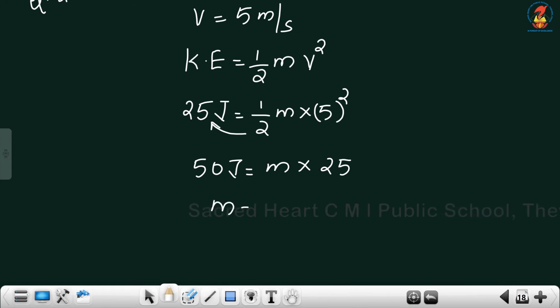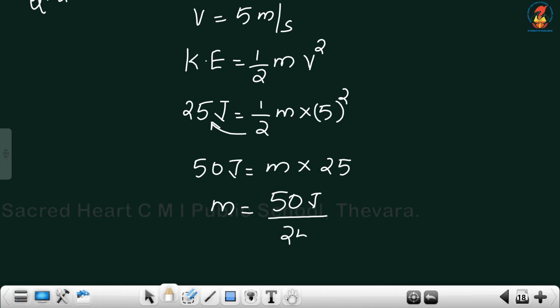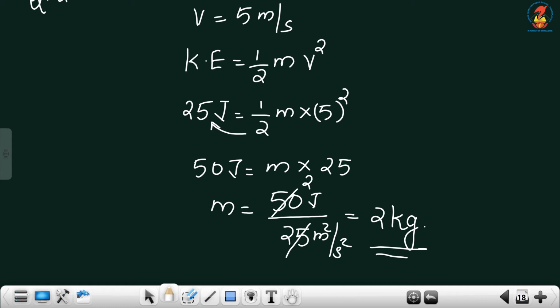So, m is equal to 50 joule by 25 meter per second, meter square by second square. So, you will get the answer as 2 kg. So, mass you got it as 2 kg.